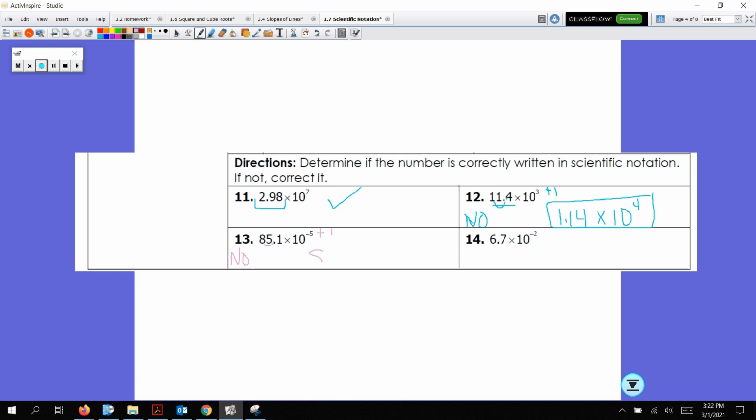So that gives me 8.51 times 10 to the, now be careful because this is negative 5 plus 1. Negative 5 plus 1 is negative 4. Perfect. Now, that number is bigger than 1 and smaller than 10, and it's beautiful.